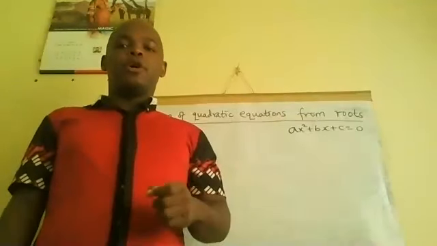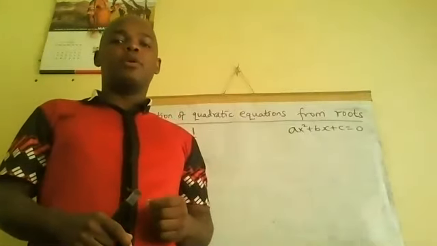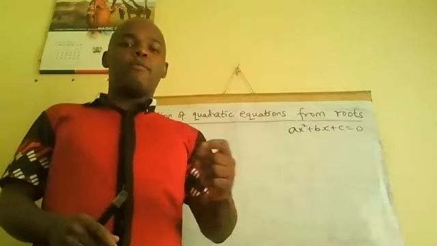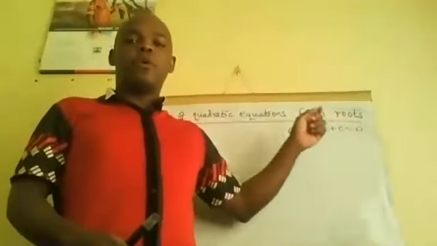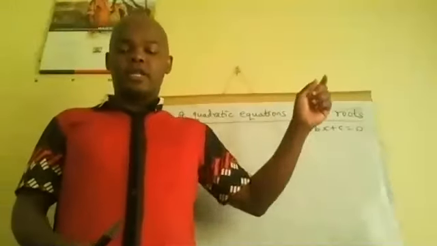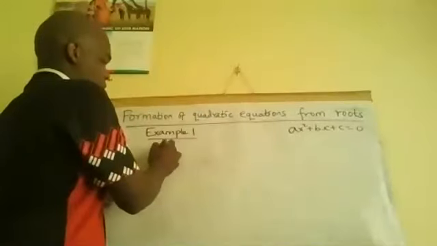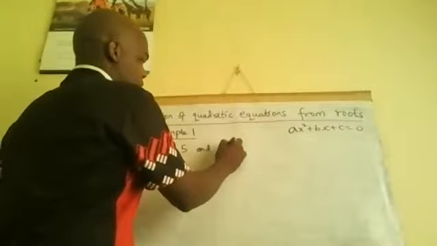So I repeat, form quadratic equations whose roots are given below, giving your answer in the form ax squared plus bx plus c equals 0, where a, b, and c are integers. So the first case, a very simple one, I have the roots being 5 and -3.